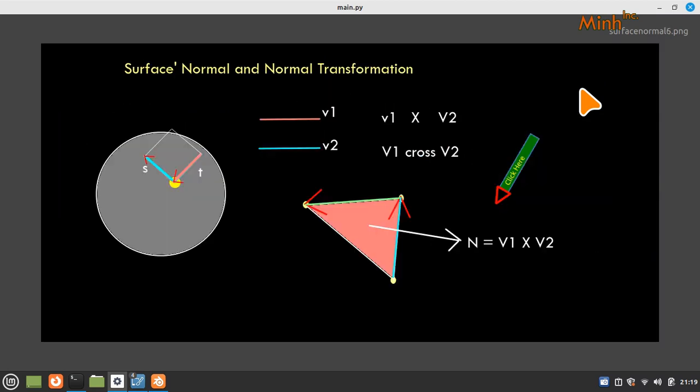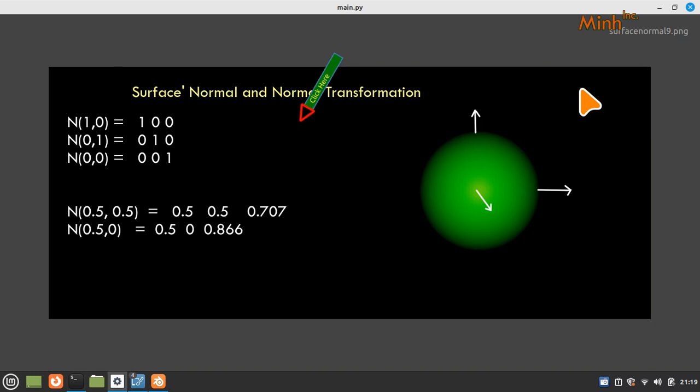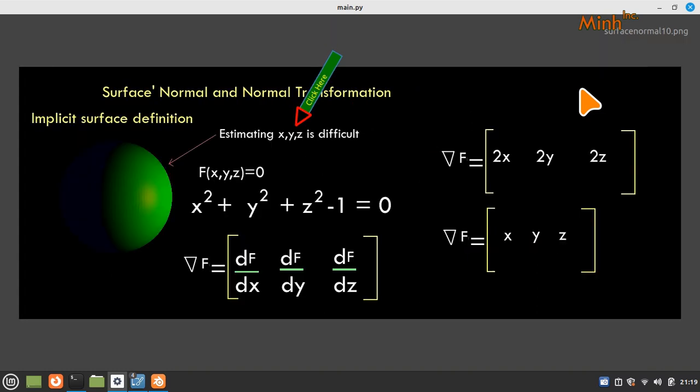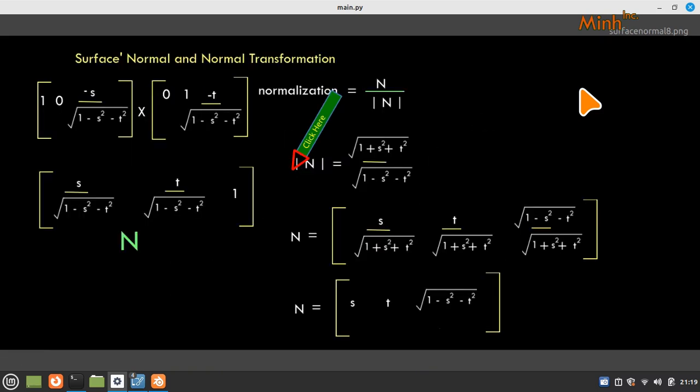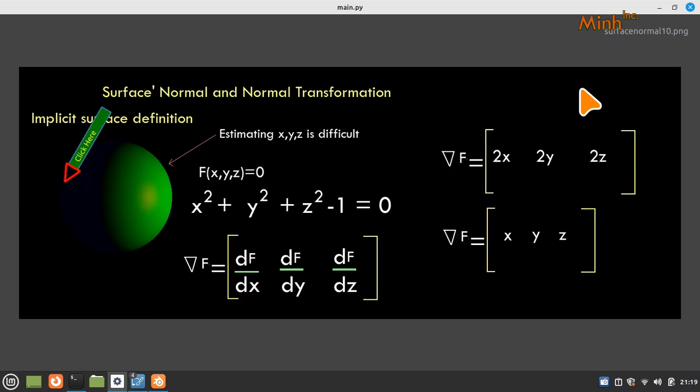Relax. So this is far better than explicit, but there is a caveat. Caveat is estimating x, y, z. It is very difficult. Here it is in equation of 2 only, s and t. Here it is x, y, z, and it is very difficult. So this is better, means we get in the variation of only s and t.